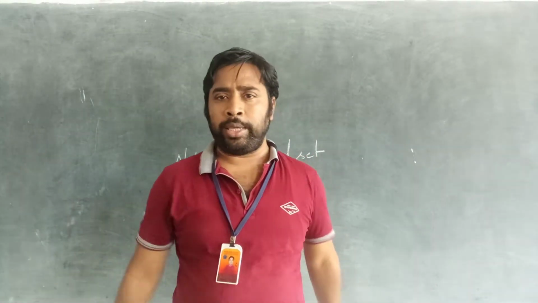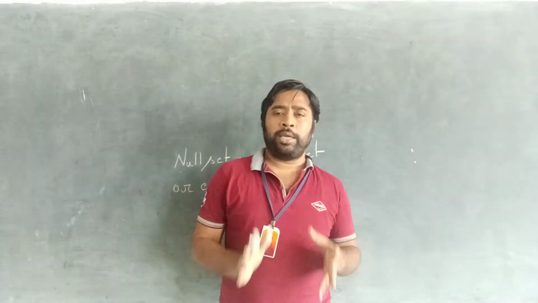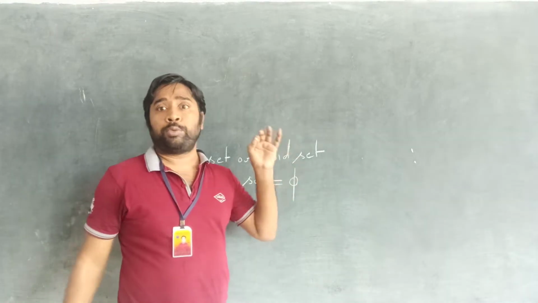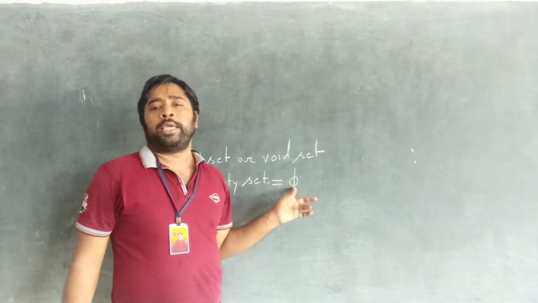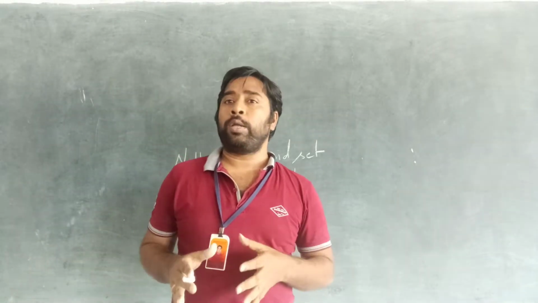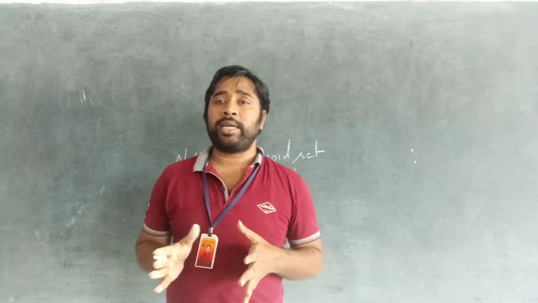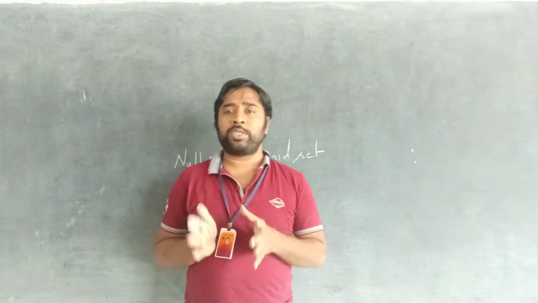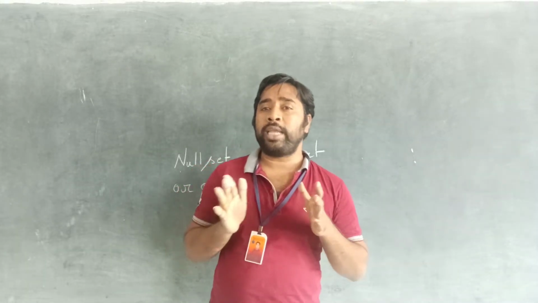Sometimes we denote it by A, sometimes by B, sometimes by C. But when we talk about null set, the symbol is phi. So whenever we see phi, we must understand that it is a null set, or a void set, or an empty set.